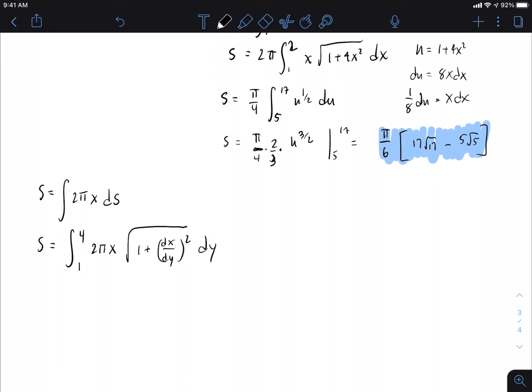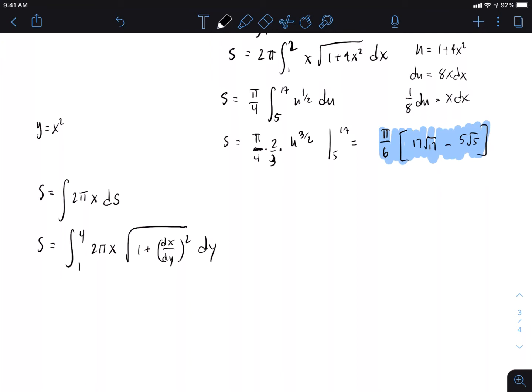So would we still be using 2 pi x, or would it be 2 pi y? You'll see in just a second. So our original function was y equals x squared, correct? Correct. But since we're in terms of dy, we need to change anything that's in terms of x to y.